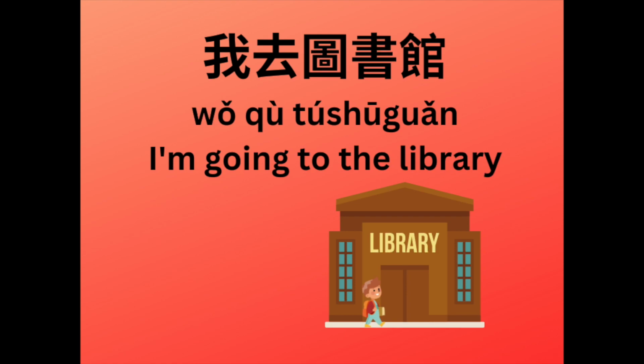It's shorter, more concise. So naturally, that is also the more preferred way of talking. 你去哪里? And you would say, 我去图书馆. I go library. I am going to the library. 我去美国. I am going to the United States.